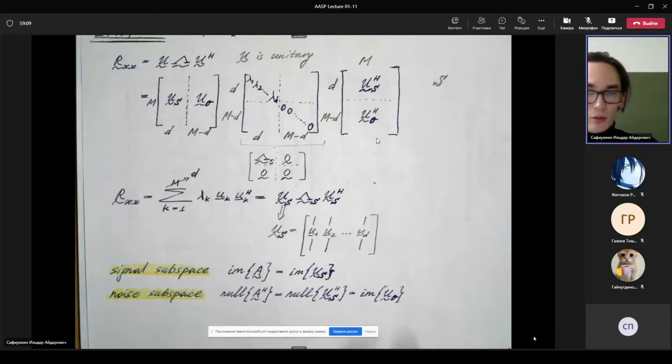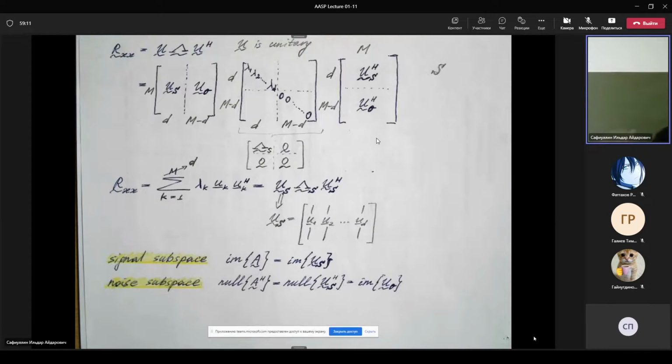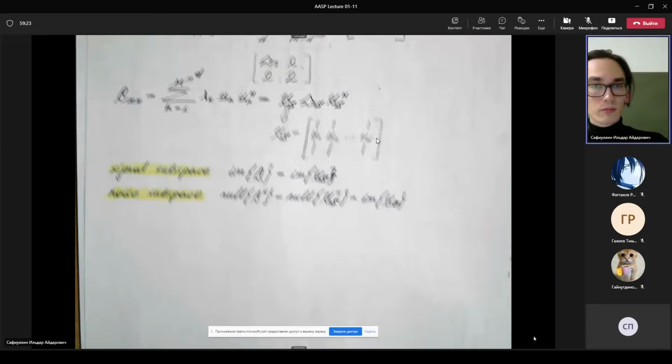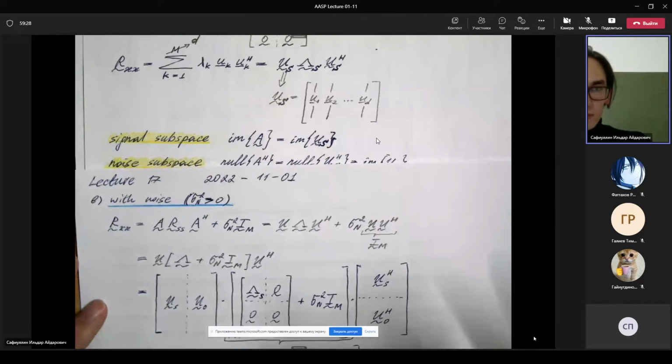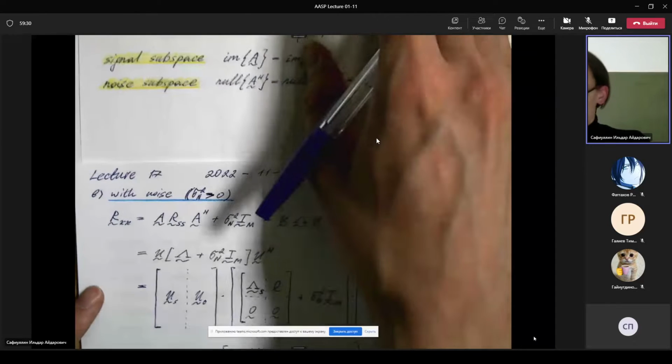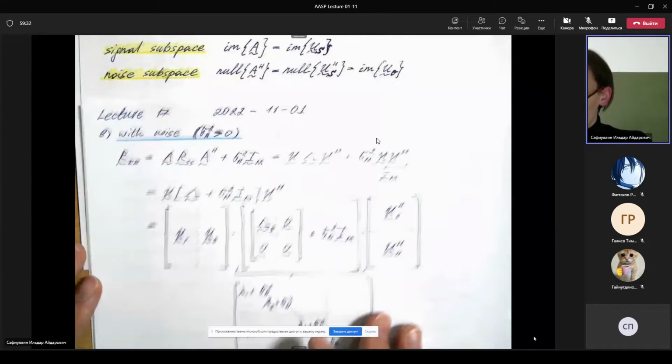So capital S, capital O. And in the same way, we can represent all these capital things in the case with noise. So this case with noise, let me move my page.